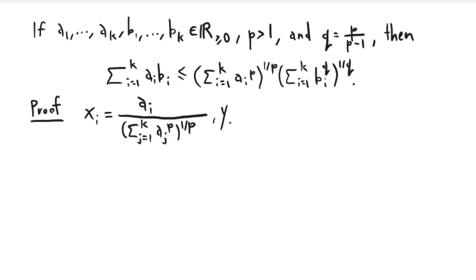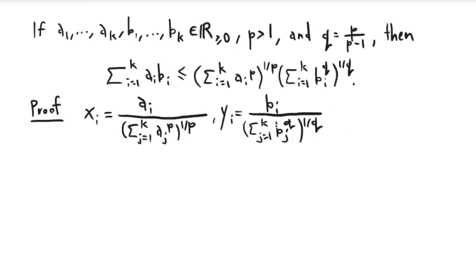And then we're going to define y_i for each i to be b_i divided by the sum over j equals 1 to k of b_j to the q, all to the 1 over q.